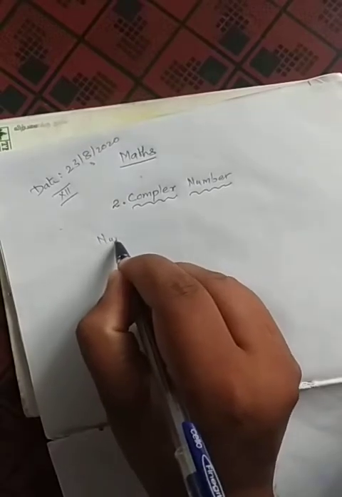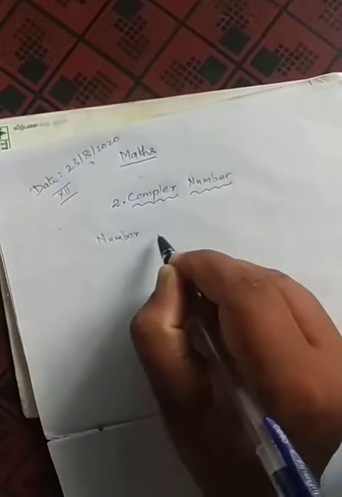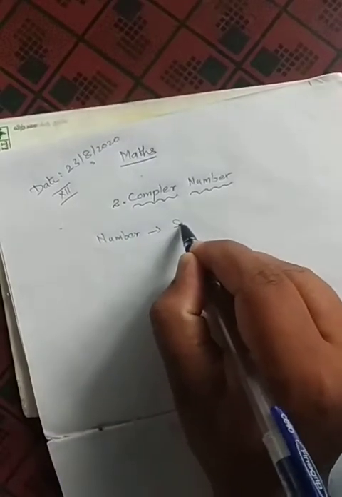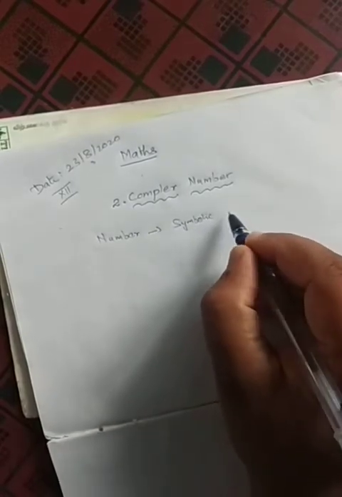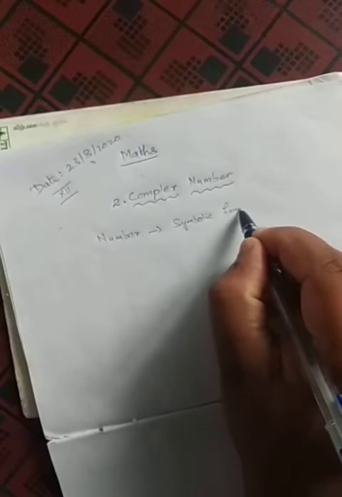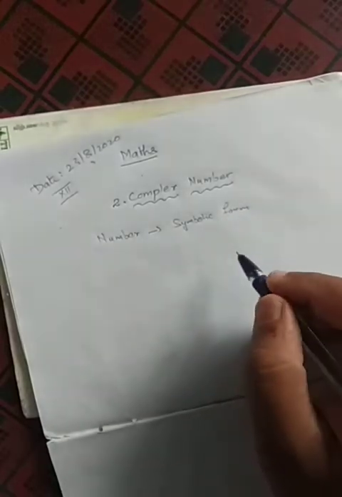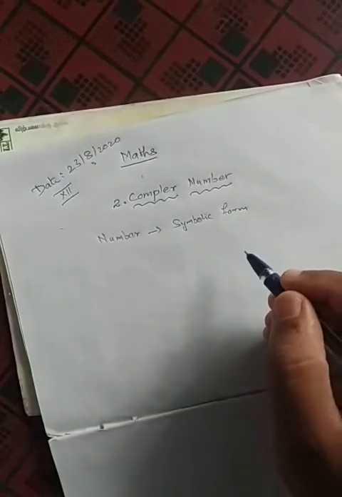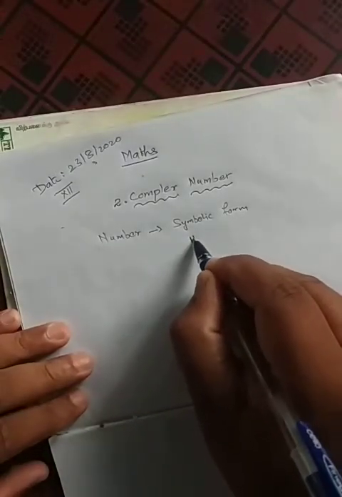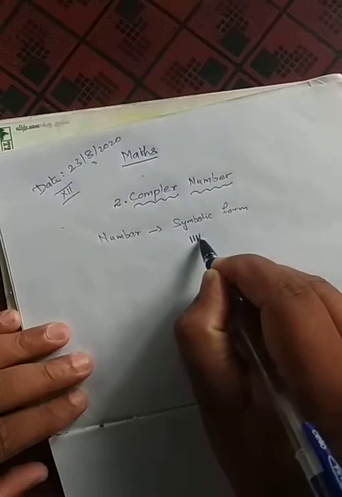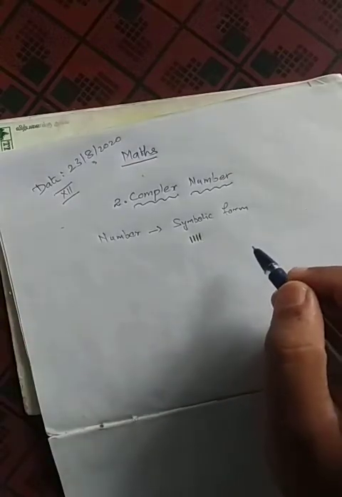Means first, how the number system was generated: number is in a symbolic structure. A form will be there, or we can say a symbolic structure. What is a symbolic structure in this case? They used cross lines, as we use in a tally mark.